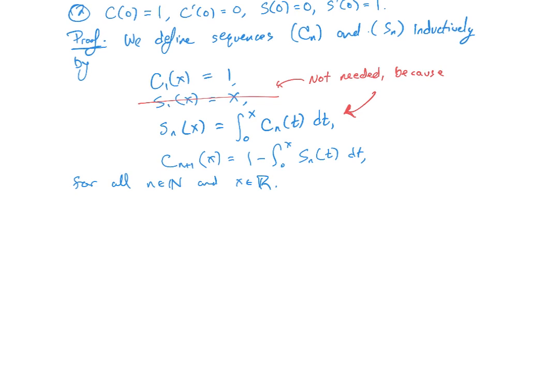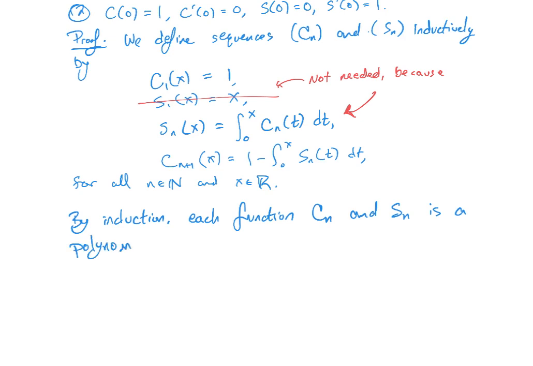I guess it's a little bit more complicated this time because we're going back and forth between C and S. But by induction, each function Cn and Sn is a polynomial. So it is continuous and integrable.